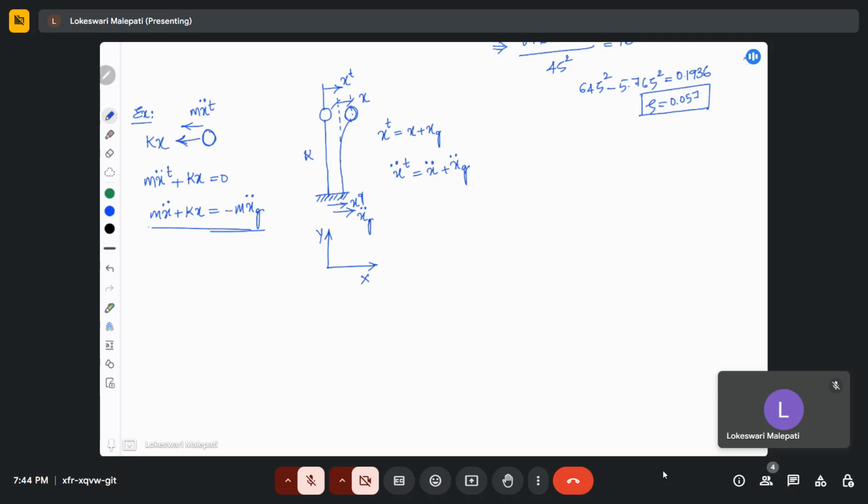And there is another example of a disc attached to a rod, and then a rotational displacement is applied. For this case, we need to write down the equation of motion. This is another example that's already solved in the videos.